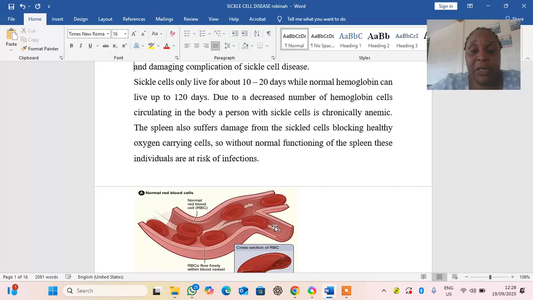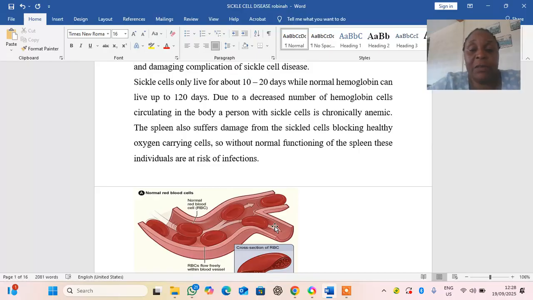So if a person has sickle cells, her or his red blood cells will be continually getting broken down in only around 10 to 20 days. This breakage continually makes the person anemic. That is why these people chronically live anemic, because their red blood cells do not live to the lifespan of around 120 days of a normal red blood cell.